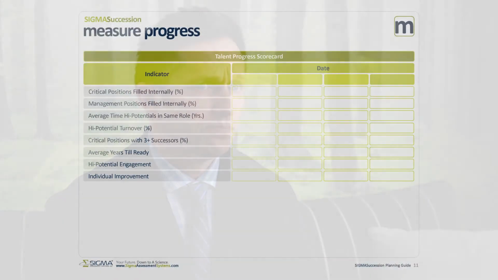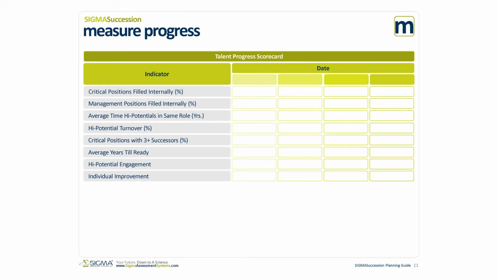So very, very important. The next two pieces are average time your high potentials are in the same role and your high potential turnover. And it shouldn't really be a surprise that these are very highly correlated, so very closely related to each other. Your high potentials, typically speaking, are going to be more driven. They're going to give more, but they're also going to ask more from their role.